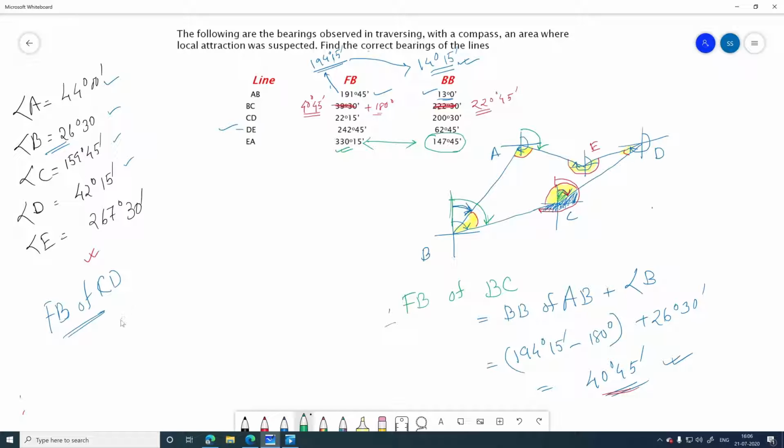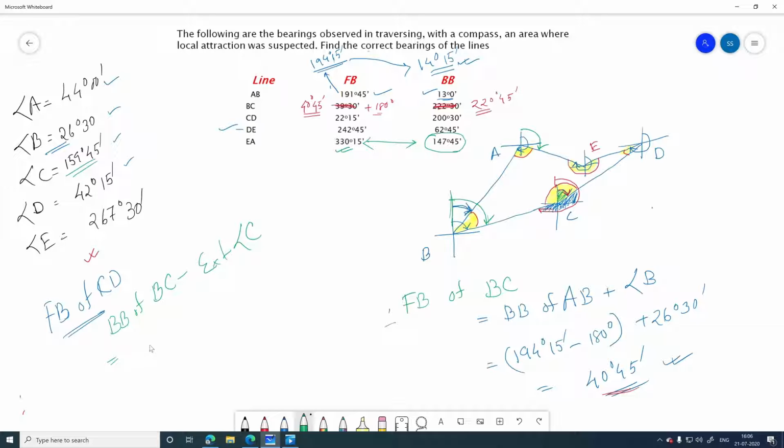Forward bearing of CD equals back bearing of BC minus exterior angle C. Exterior angle C I have just removed. You can subtract this particular angle from 360 degree and you will get the exterior angle C.